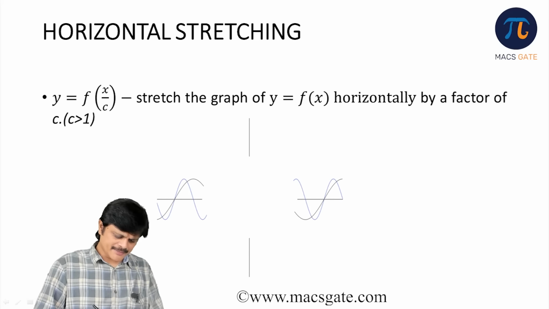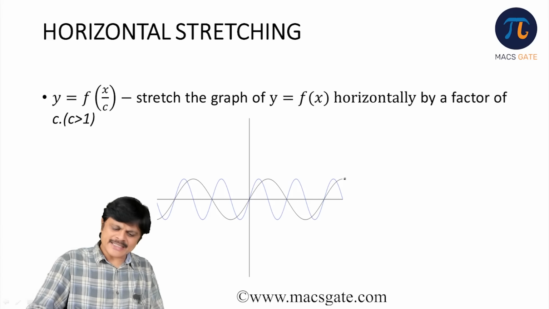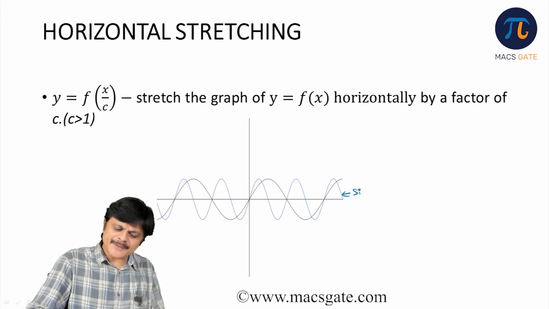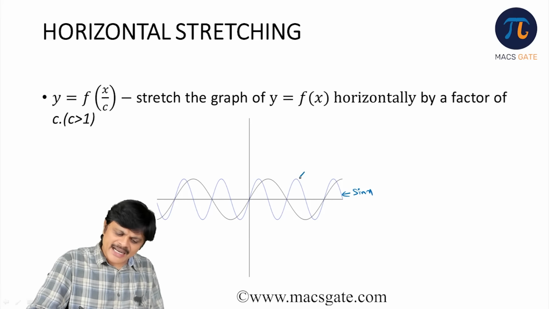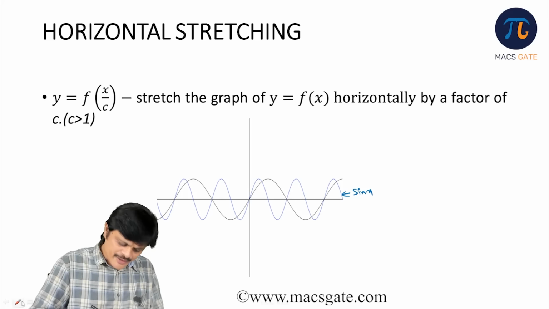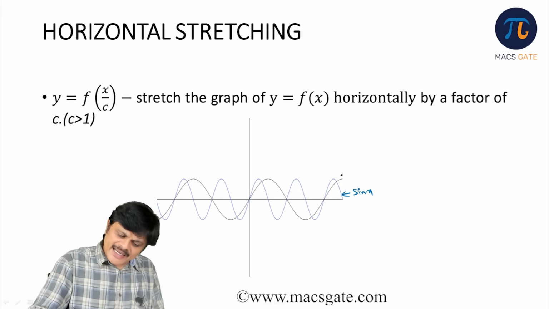Now look here. The blue one is our favorite sin x graph. This is sin x. Now what happened? You divide it by, say, 2. The black one is your sin x by 2.